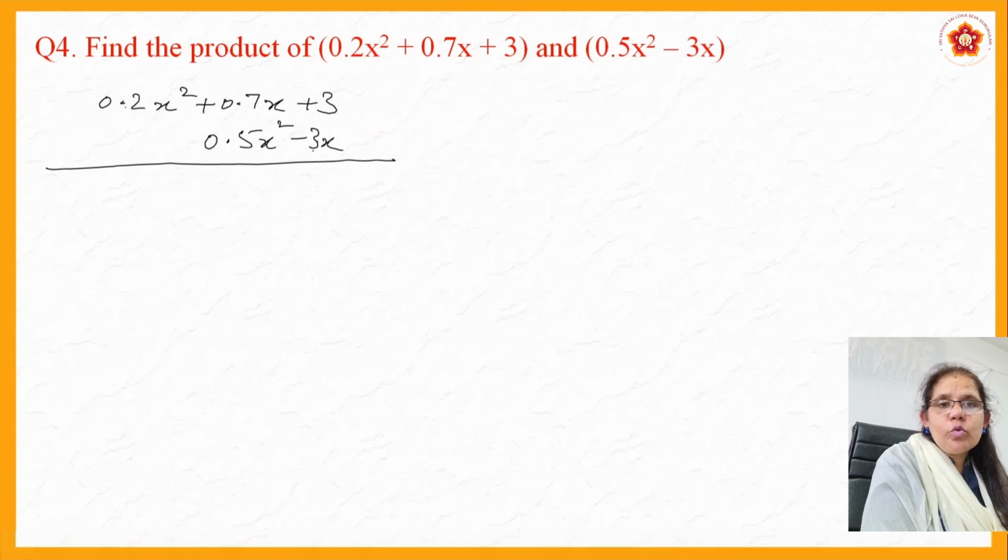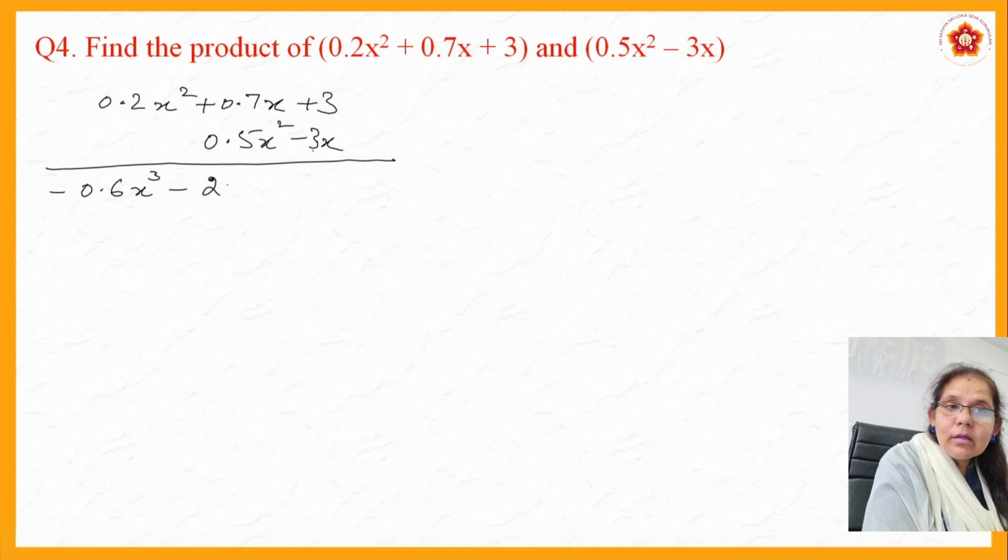Minus 3 into 0.2, it is minus 0.6. One is plus, other is minus. And x multiplied by x square is x cube. Now multiply minus 3x by 0.7x. But minus and plus is minus. 7 threes are 21.